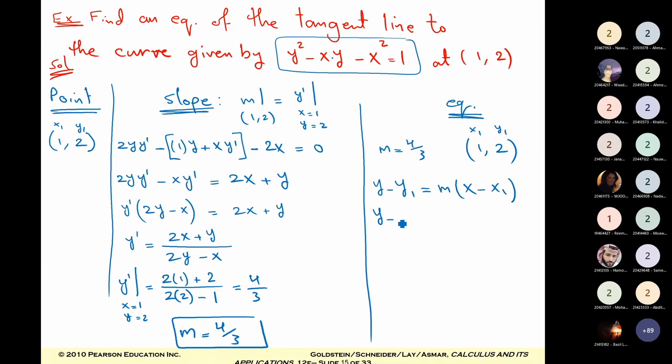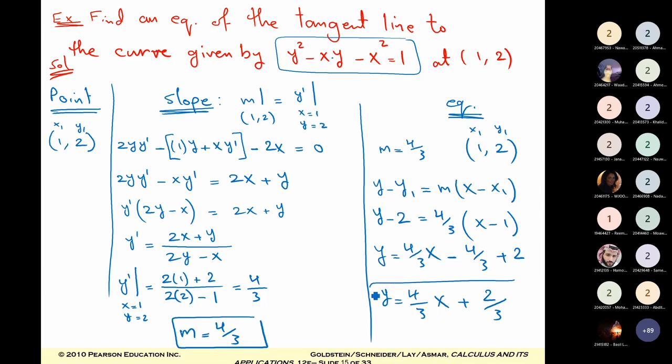So we have y minus 2 equal 4 over 3 times x minus 1, y equal 4 over 3 x minus 4 over 3 plus 2. After simplify, we have y equal 4 over 3 x and minus 4 over 3 plus 2. Plus 2, this is 6 over 3. So minus 4 plus 6 equal 2 over 3. This is the tangent line. Okay.